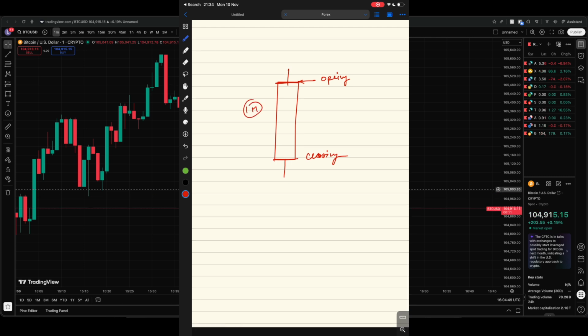So what does this red candle say to us? In 1 minute, the price starts from here and went down till here, and then the price closed and a new candle forms. So that's how our candlestick works.